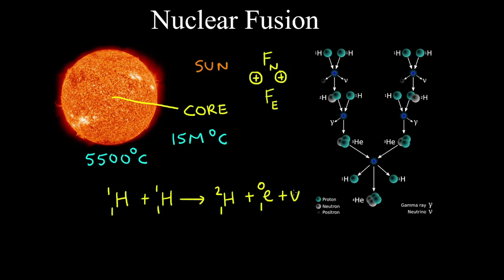This type of radioactive decay results in a neutron being formed in the deuterium nucleus. As we can see, by the conservation of nucleon number and charge, we have two protons on the left and one proton plus a positron on the right. So that's two positive charges. And in terms of the mass number, we have 1 plus 1 equals 2.